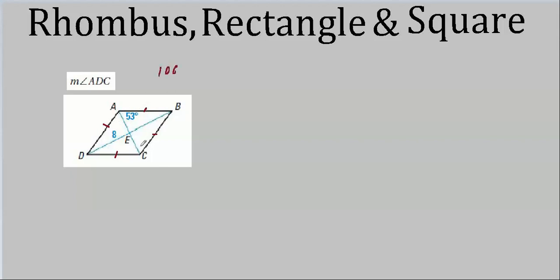Well, this angle is also 106. So multiply that by 2, and we get 212. So these two angles together account for 212 degrees. Now we have to subtract that from 360.